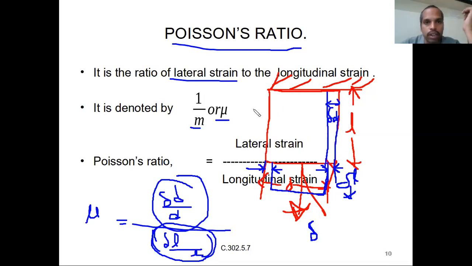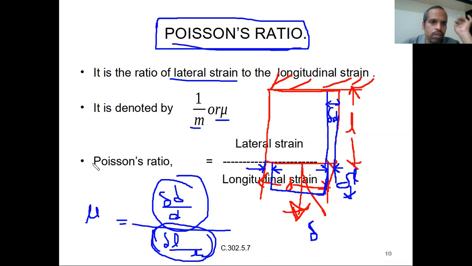This is a material property, just like the modulus of elasticity. Different materials have different Poisson's ratio values: steel is different, concrete is different, rubber is different, wood, everything. That is nothing but a material property.